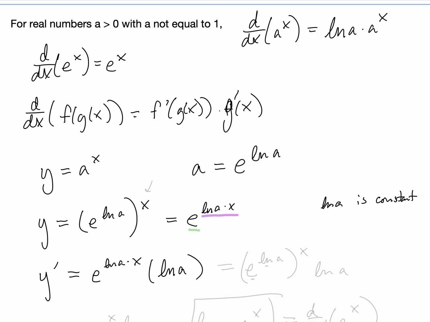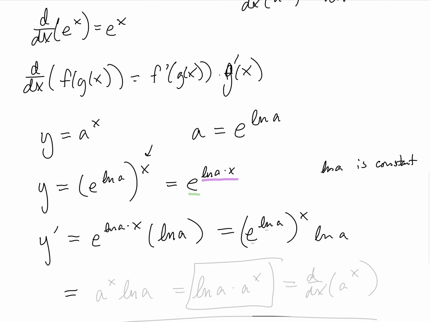All right, so now we can continue to simplify this. So this was equal to e to the ln of a times x. We can do kind of the opposite of what we did up here. This is the same thing as e to the natural log of a to the x power times natural log of a, and then this is equal to e to the natural log of a.